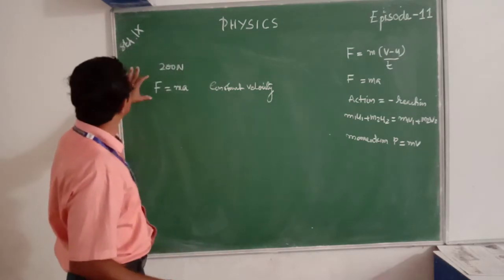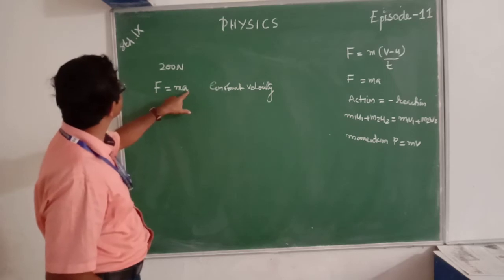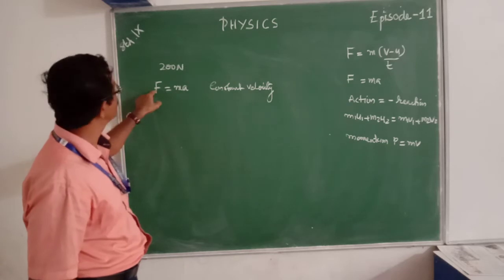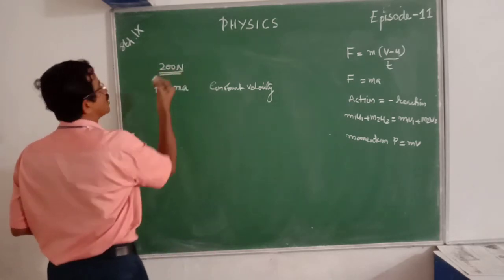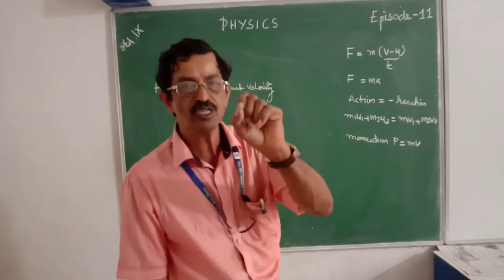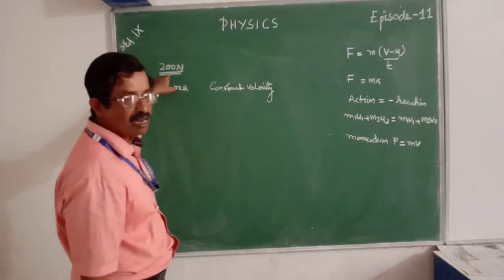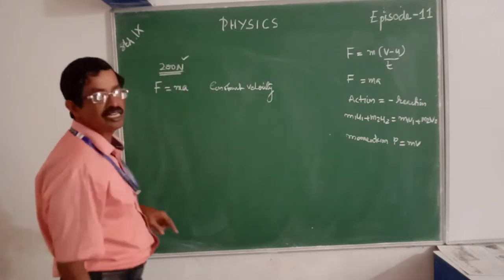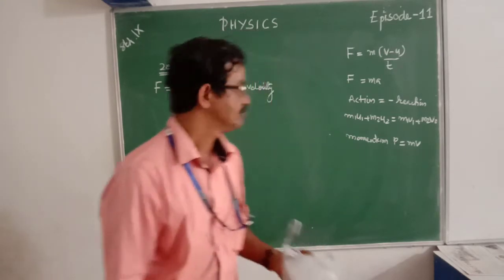Acceleration is 0 means the net unbalanced force is 0. Hence the applied force 200 Newton is equal to the frictional force. So here the frictional force is how much? 200 Newton.